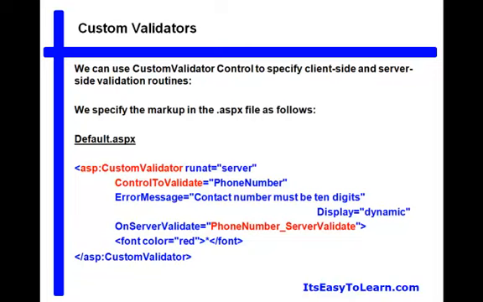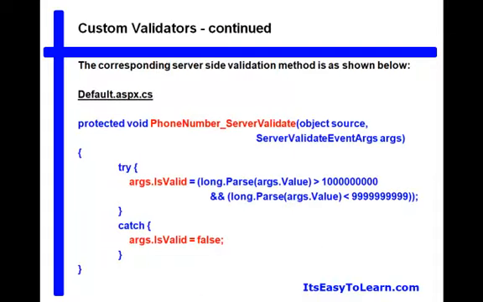So with this markup in the ASPX file, the corresponding code file will have the method called phone number server validate. Here we look at the value, and it should be greater than the least 10-digit number and less than the maximum 10-digit number.